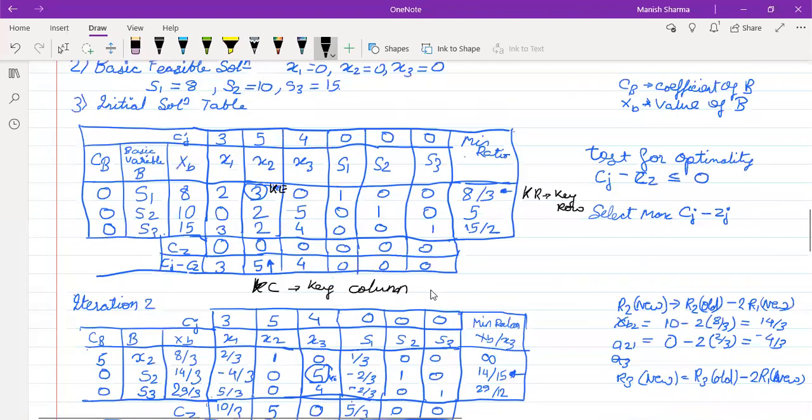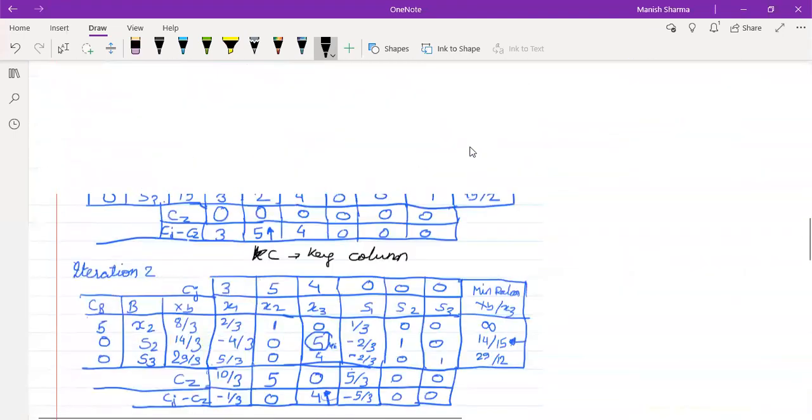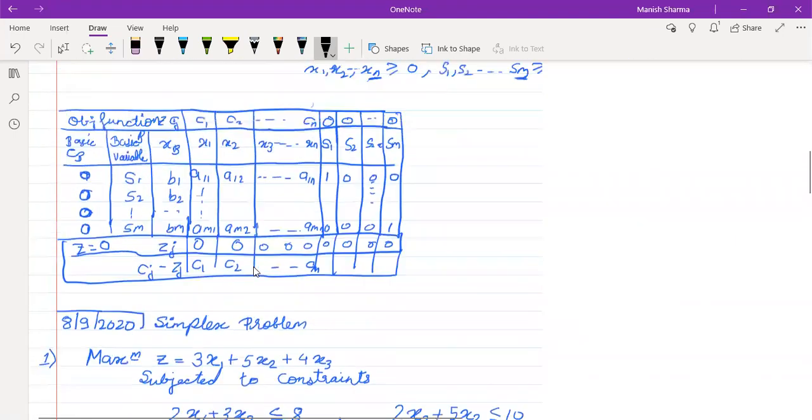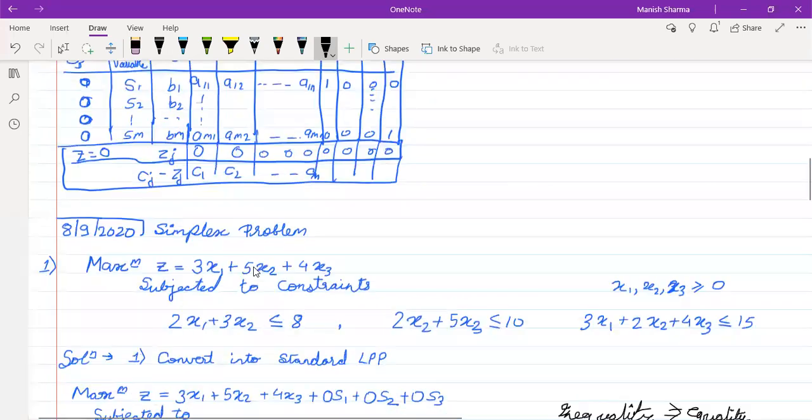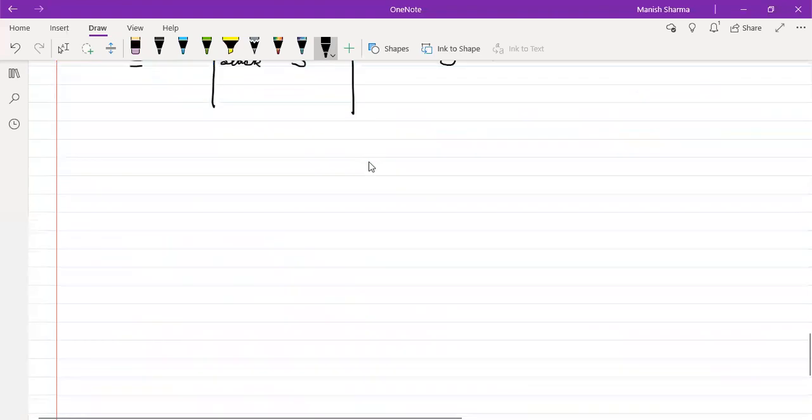So if the constraint is less than equal to, we add a slack variable, s1, and in the objective function we added it with 0 as the coefficient, so plus 0 s1.